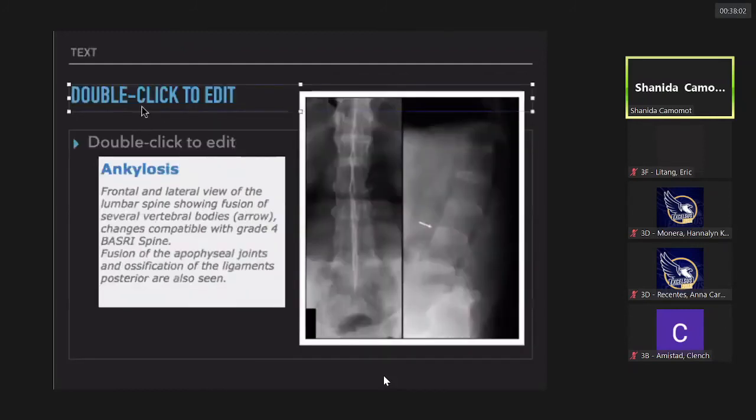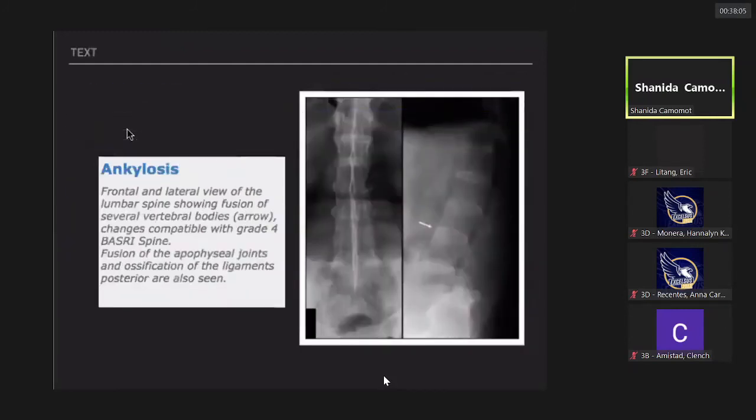And the last one is grade 4, or the ankylosis. The frontal and lateral view shows the fusion of the vertebral bodies, looking like a bamboo already. So this is fusion of the vertebrae, compatible with grade 4 BASRI spine.